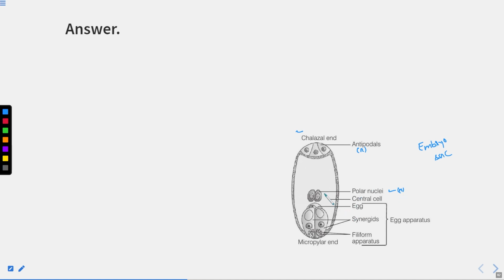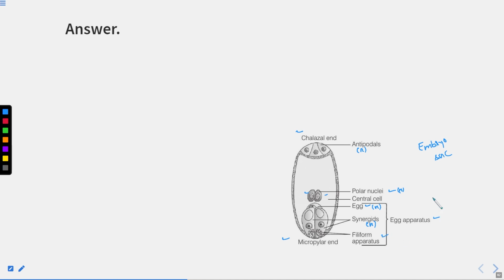There are 2 polar nuclei here, you can see. And then at the micropylar end, we have the egg apparatus. Now, egg apparatus is made up of an egg cell, which is again haploid. Then we have synergids. So 2 synergids are present. And both these synergids are haploid. And then within the synergids, filiform apparatus are present.